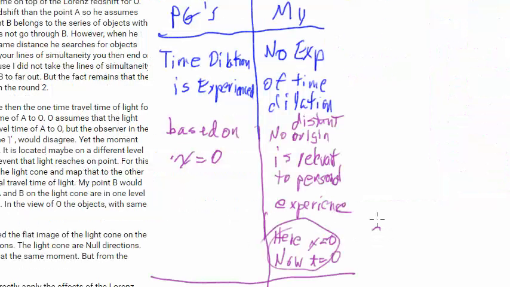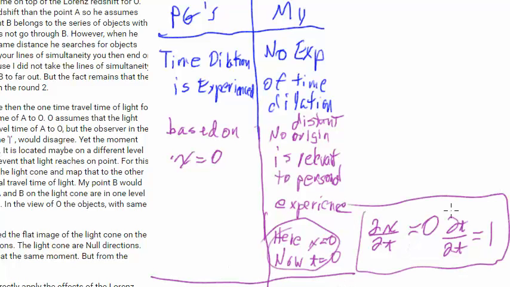Your personal experience: del x equals 0, del t equals 1. That's all there is to those two things. Your experience of the here is here. Your experience of the now is now.